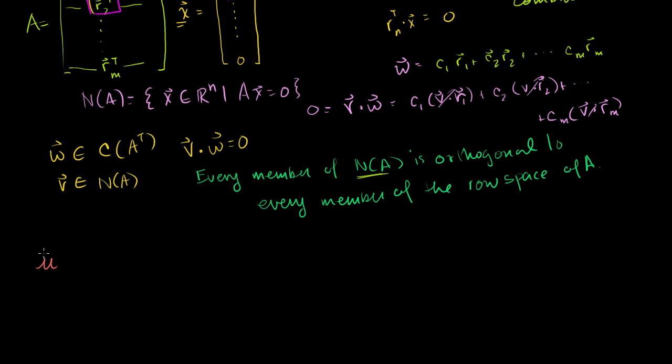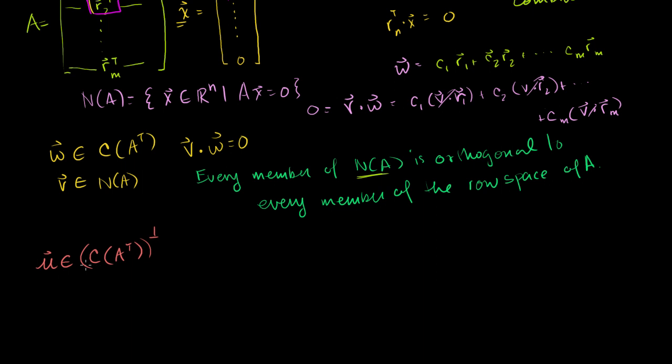Let's say that u is in the orthogonal complement of our row space. I know the notation is a little convoluted. Maybe I should write an R there. But I want to really get set into your mind that the row space is just the column space of the transpose. So let's say that U is some member of our orthogonal complement.